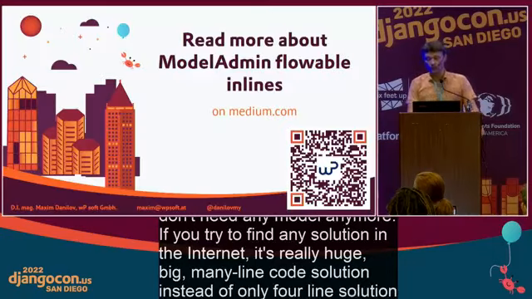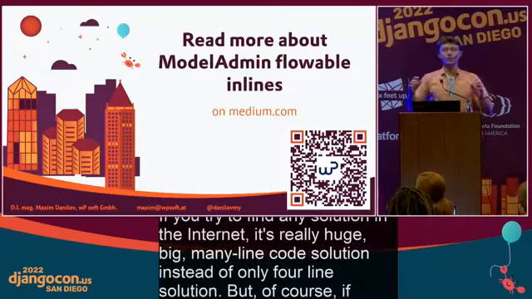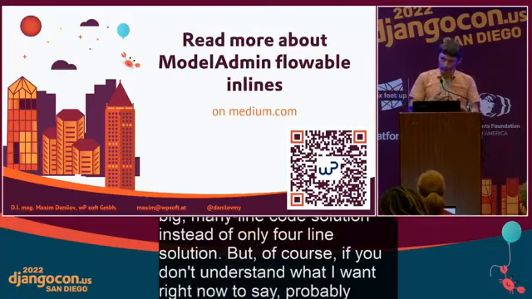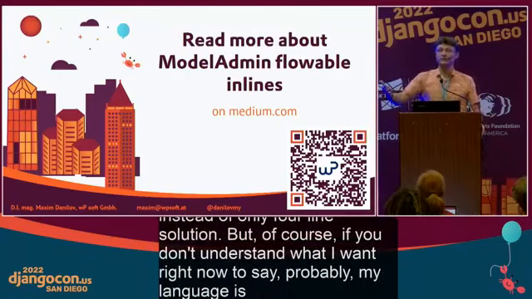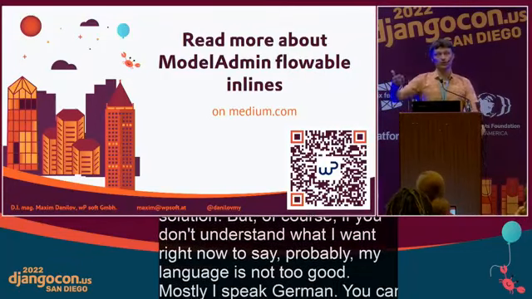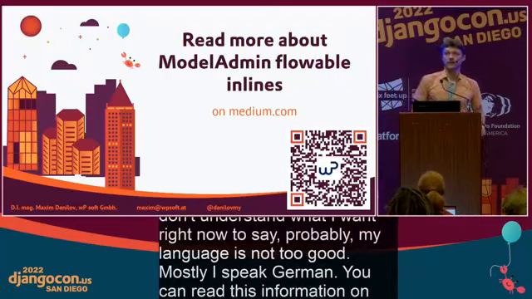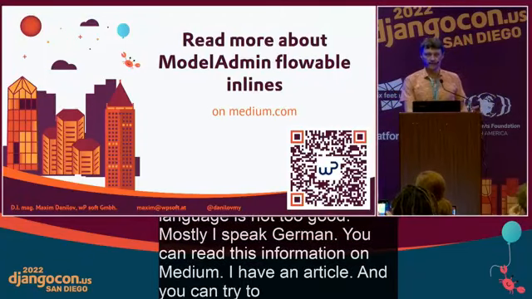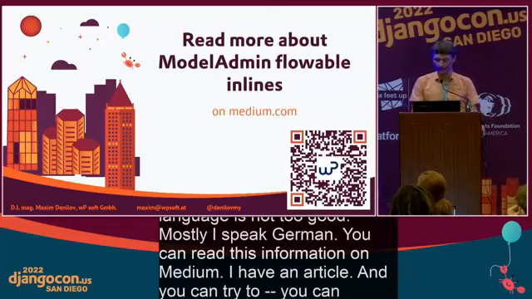But of course, if you don't understand what I'm trying to say right now, probably my language is not too good, mostly I speak German, you can read this information on Medium. I have an article, and you can try to understand it once more.